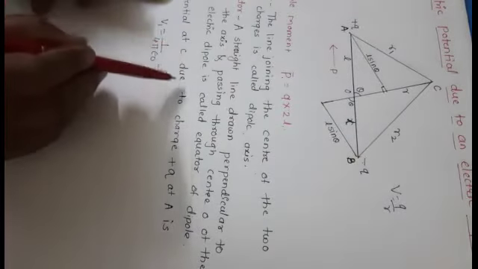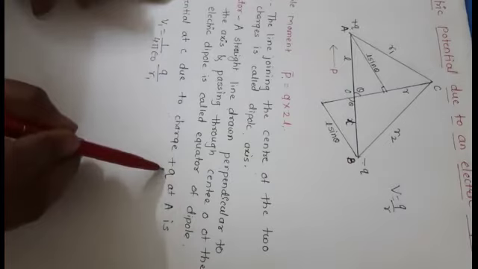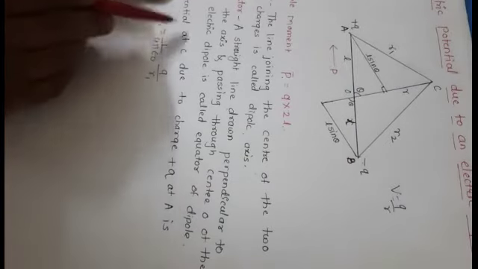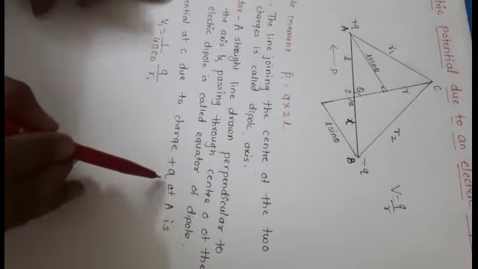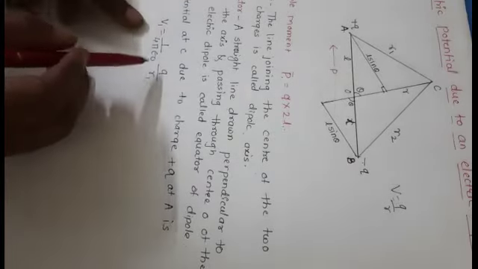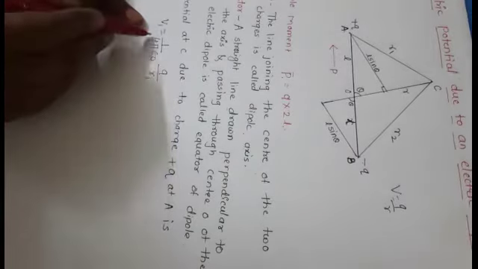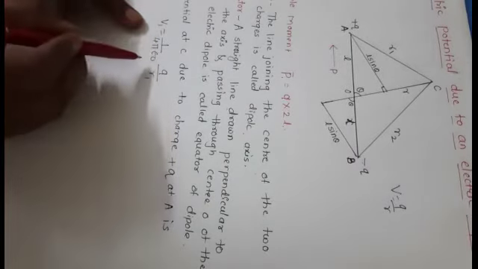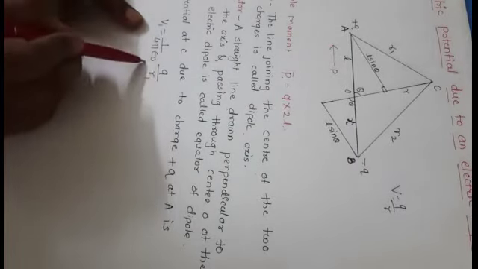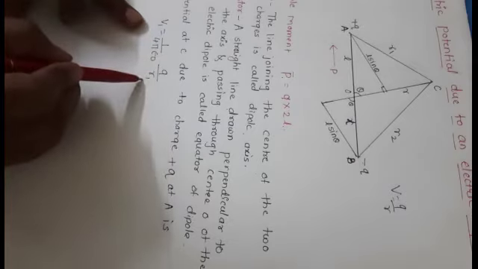To find the potential at C due to charge plus q at point A, the formula for electric potential gives V1 equal to 1 upon 4 pi epsilon 0 into q upon r1.